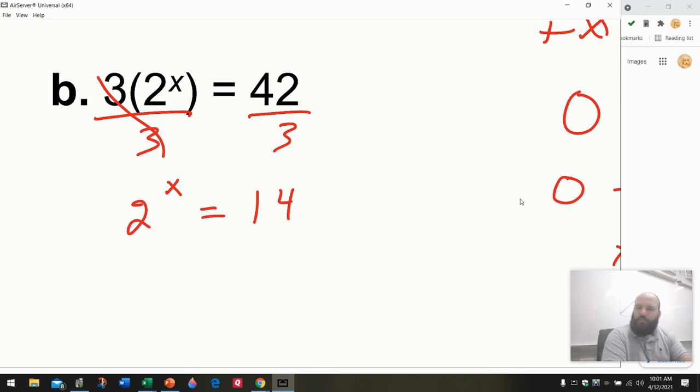So the way that we do this is you convert this from exponential form to logarithmic form. And so the base of the exponent becomes the base of the log, and the other 2 parts switch. So this becomes log base 2 of 14 equals x. Now, we have a couple ways we can type that in our calculator.